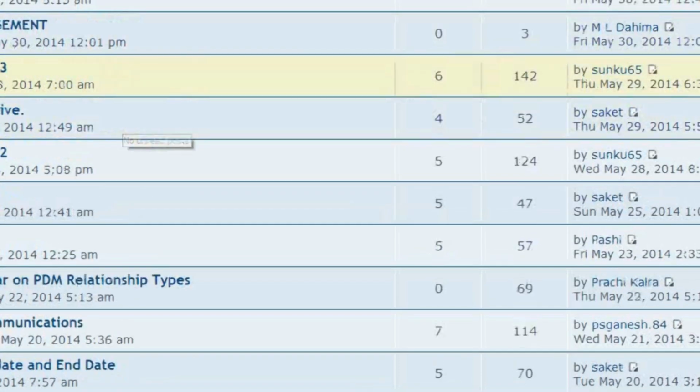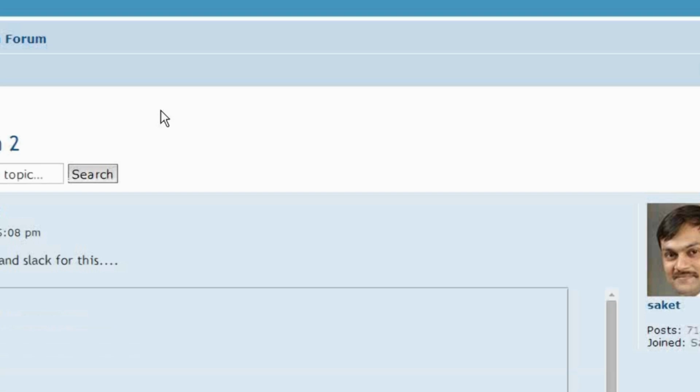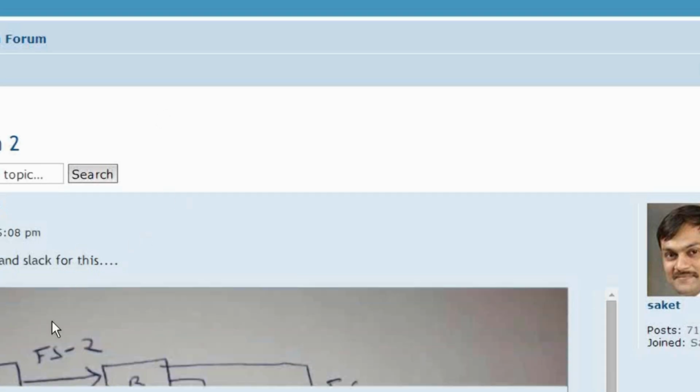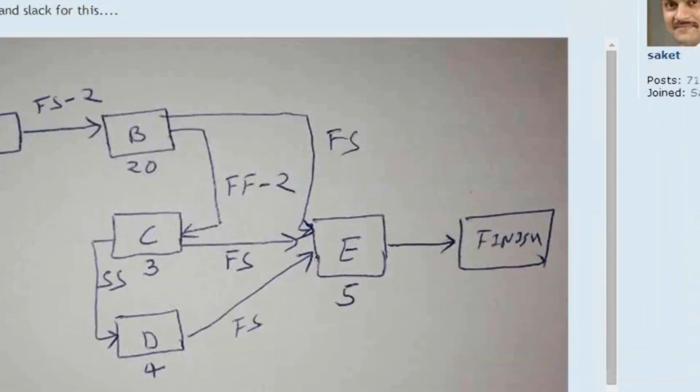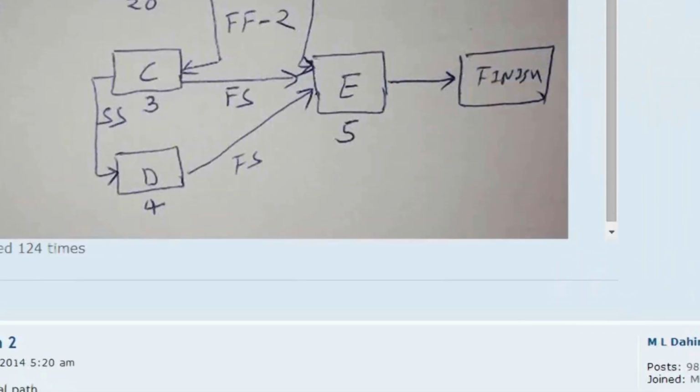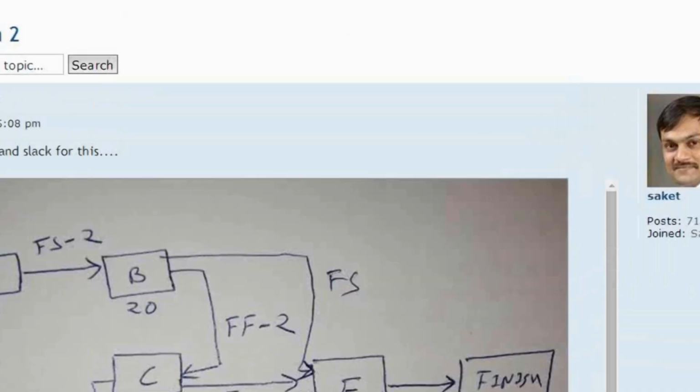Now there was another one, critical path problem 2. FS plus 1 was because we have given it the lag, Amit. That's why it is added. So this is the second thread which we posted. It was a relatively simpler one. Here we explored all 3, not start to finish, but the remaining 3 relationships were explored here: FS, SS, and FF.